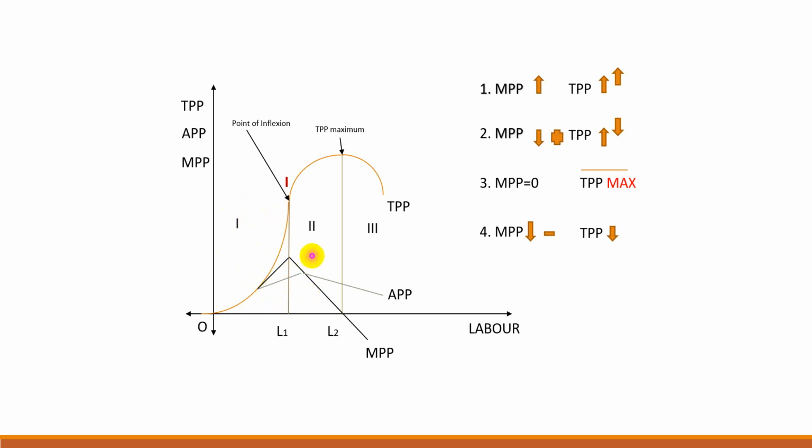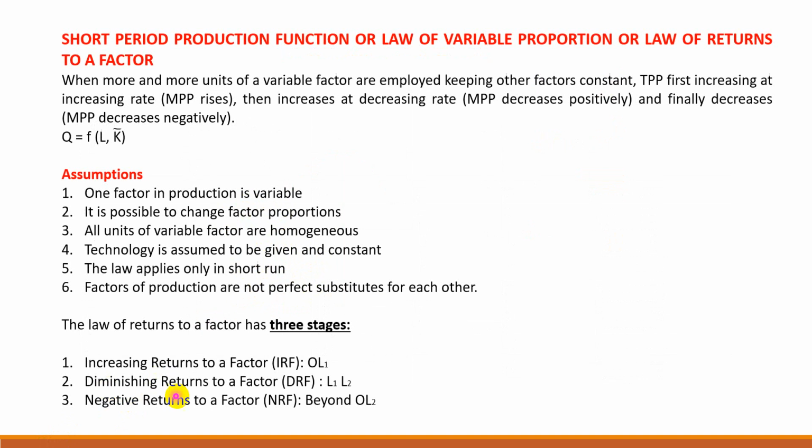Now the second stage is called diminishing returns to a factor. In this stage, total physical product continues to increase but at a diminishing rate, and marginal physical product diminishes but remains positive. In this stage, MPP decreases with the increase in the units of a variable factor. It is termed the stage of diminishing returns to a factor.